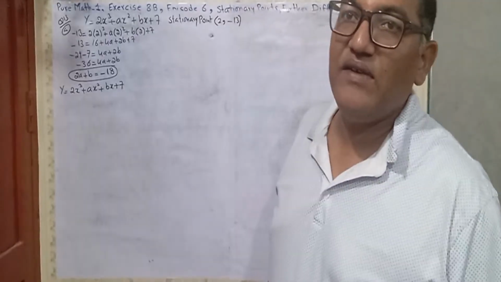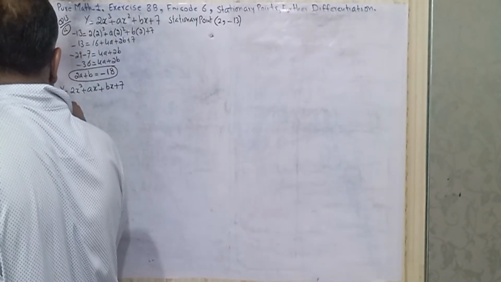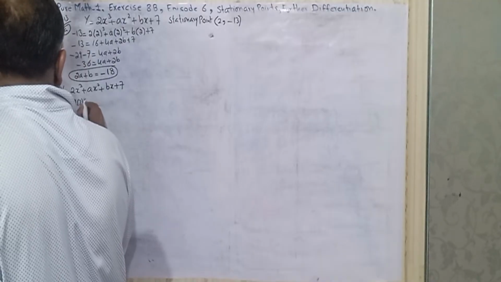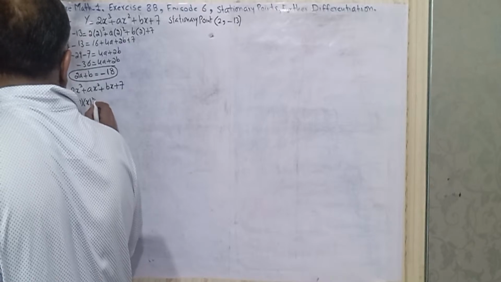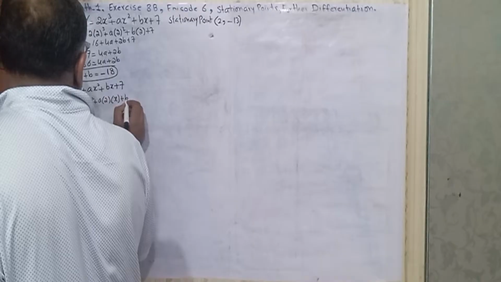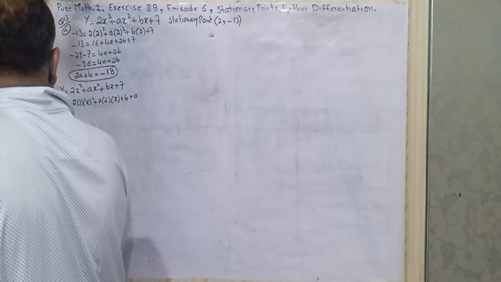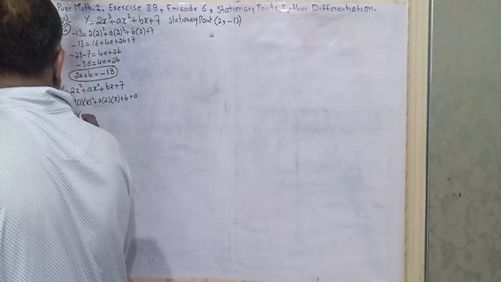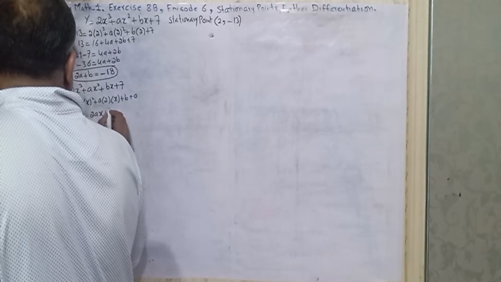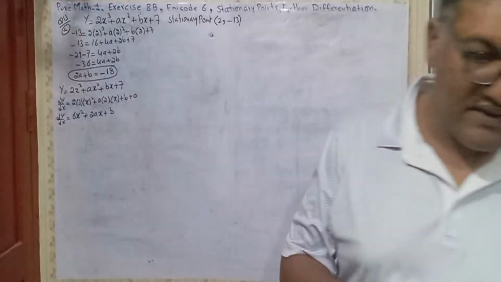We will differentiate it: dy/dx equals 2 into 3 into x squared plus a into 2 into x plus b plus 0. So my dy/dx equals 6x squared plus 2ax plus b. This is how I will differentiate it.